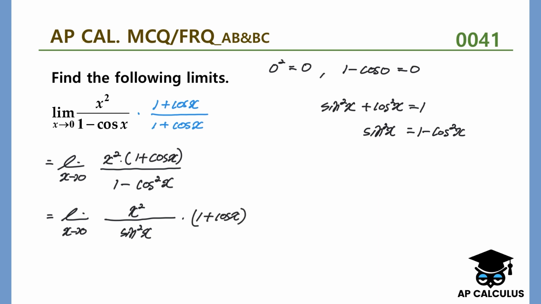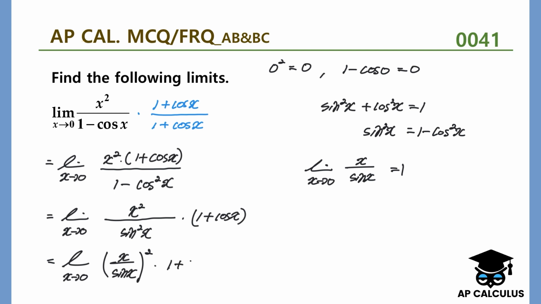We know that the limit as x approaches 0 of x over sine x is equal to 1. So this is going to be equal to the limit as x approaches 0 of (x over sine x) squared, because it's x squared over sine squared, times (1 plus cosine x).